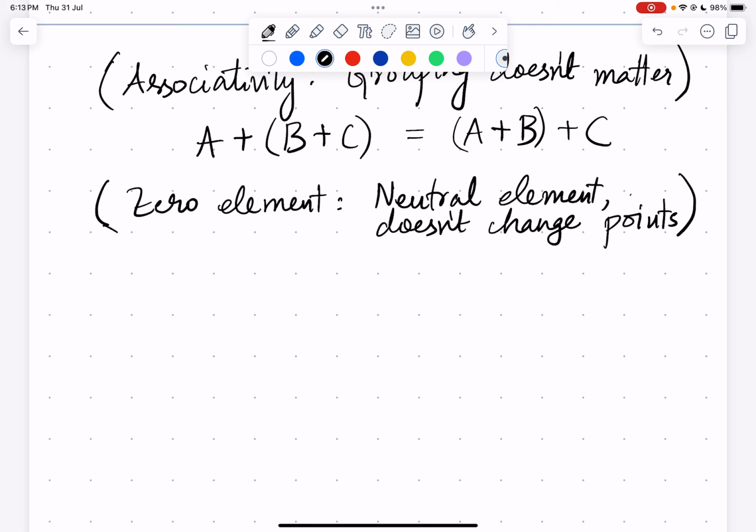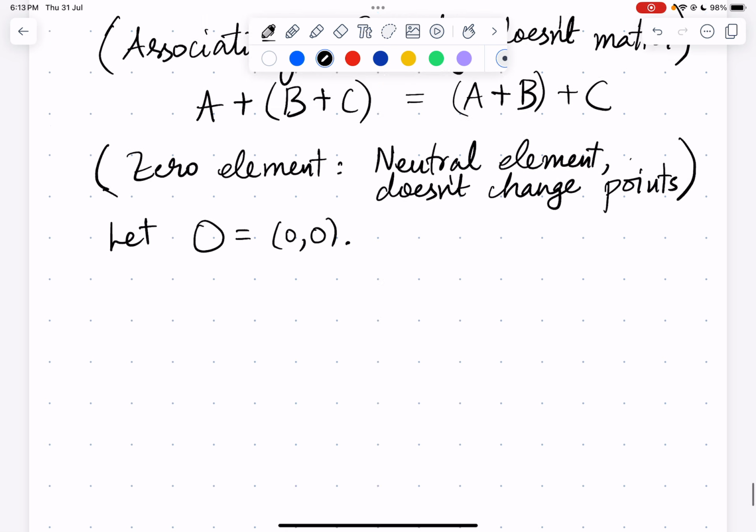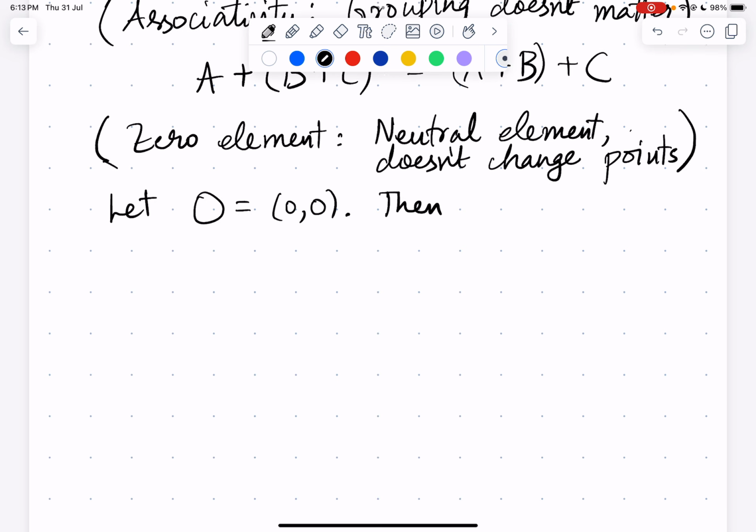So let O denote this 0, 0 point, the origin. Then adding O to any point A will not change A. So you have a zero element or a neutral element with respect to this addition of points.